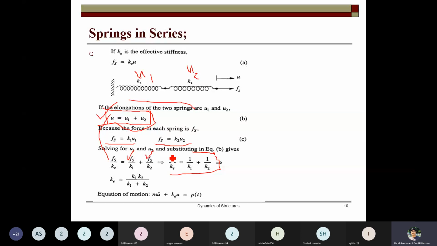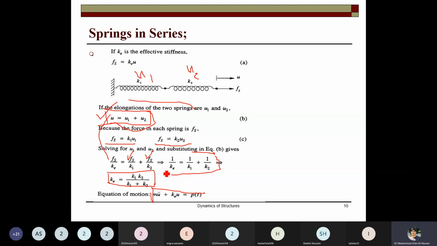So what will be the equivalent stiffness? This will be the equivalent stiffness. So the equation of the motion will be, the force applied at the end, P(t), is equal to m u double dot, that is not linked with the stiffness but the mass term and acceleration, plus Ke into u.